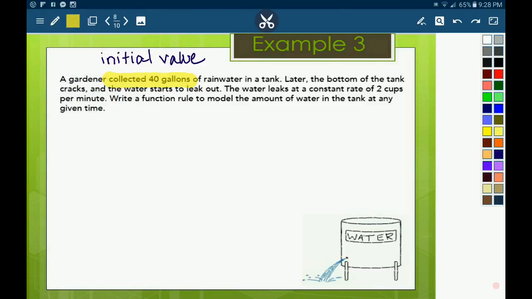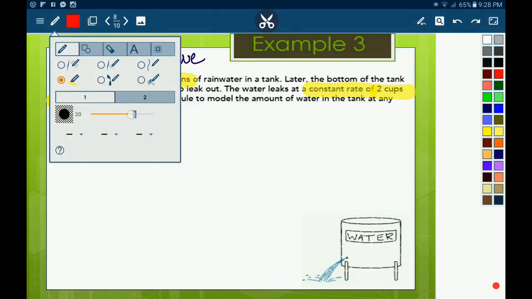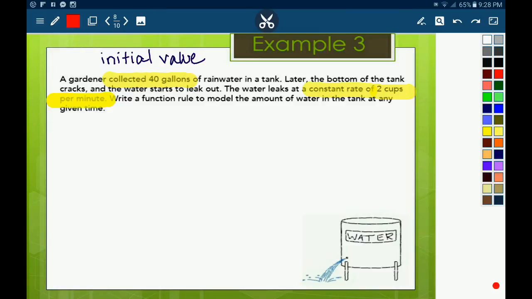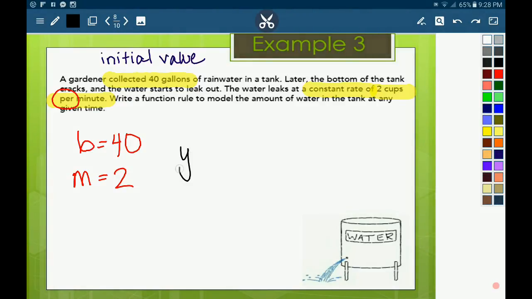It says constant rate. That's indicating a rate of change or a slope. 2 cups per minute. So far, just in this context alone, I have an initial value, a b of 40, and an m, just from that word per, of 2 cups per minute. So that would give me a function rule of y equals 2x plus 40.